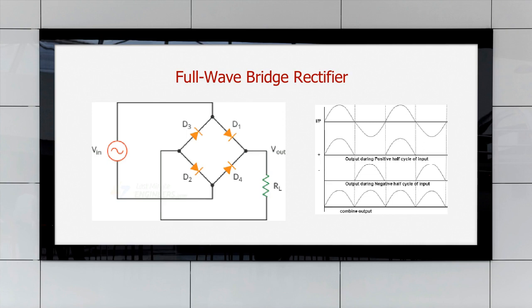Again there are 2 paths, D4 and the load resistor. D4 is also reverse biased. You can see, because it's working as a closed switch, the same voltage will appear here also. Now this will work as reverse bias and the current will follow this path.